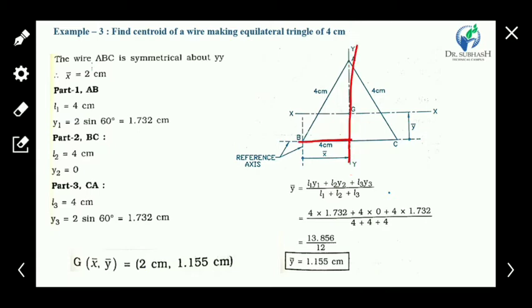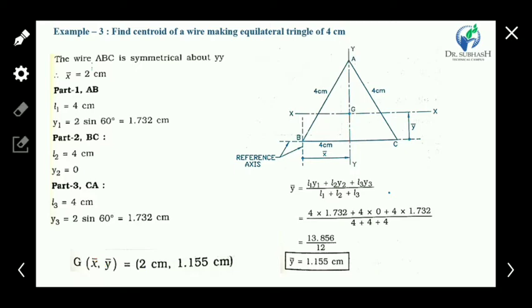So we get x bar directly: it's half of this width, which is 2 centimeter. So x bar is found directly for any vertically symmetrical composite element, whether it's a wire diagram, a plane, or a solid. In all these cases we directly find x bar.